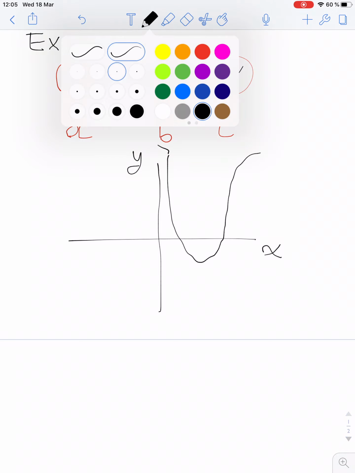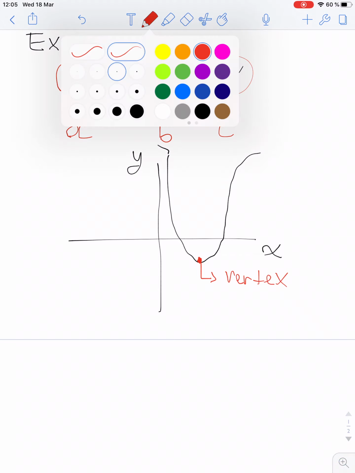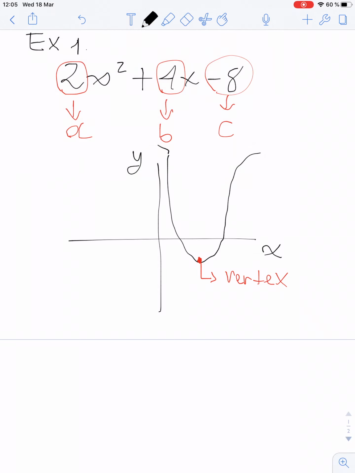The point that is over here, the minimum point, is called the vertex. As we are in a coordinate plane, the vertex has an x value and a y value. Now, your question is, okay, teacher, how can we find the vertex point from this formula?